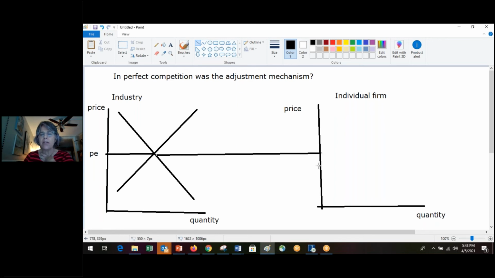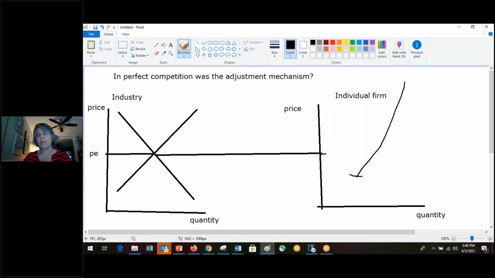So that's why they're price takers. If you remember, I hope you do, the supply curve for a perfectly competitive firm was the part of its marginal cost curve that was above average variable cost. So that was their supply curve.